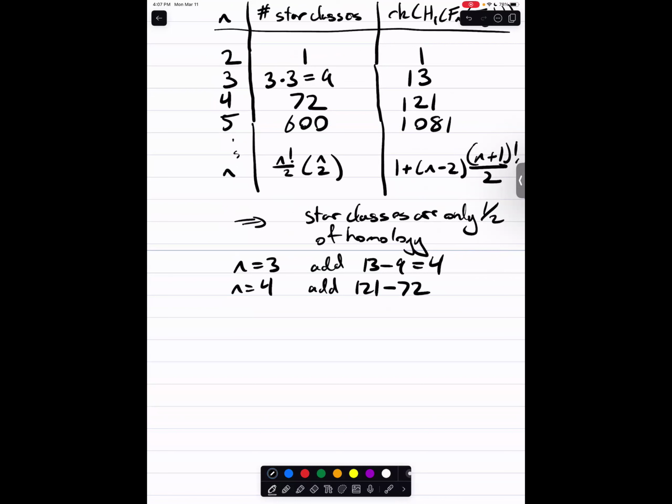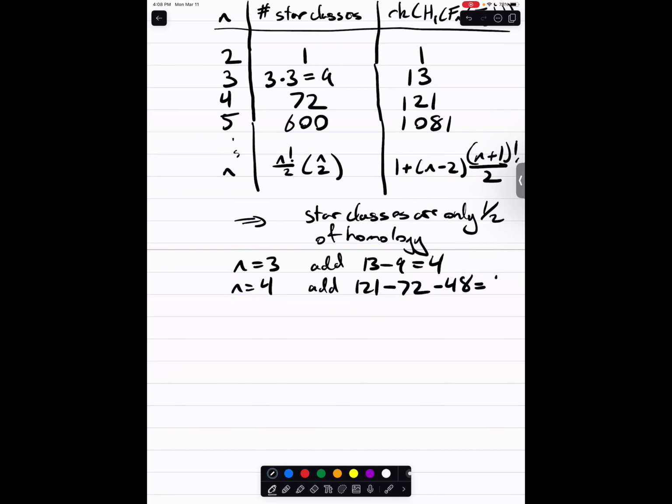And of the 4 classes we added when we had 3 particles, there are 4 ways to choose the 3 particles that make them up, and then that 4th particle can be added in 3 different places. So we're going to have 4 times 4 times 3, or 48 more classes. This is going to leave 1 class left over. So we now need to add 1 class when n is equal to 4.